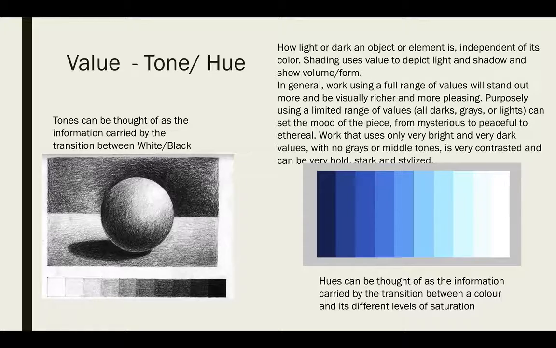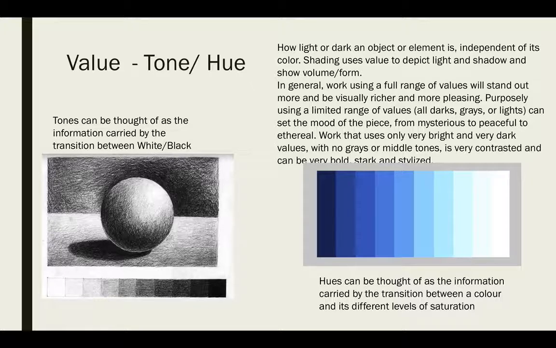Now, we have two terms for this here, tone and hue, because there are two different terms for the way we measure the lightness and darkness between a color and its darkest and lightest form, and between the darkest and lightest form of black and white.